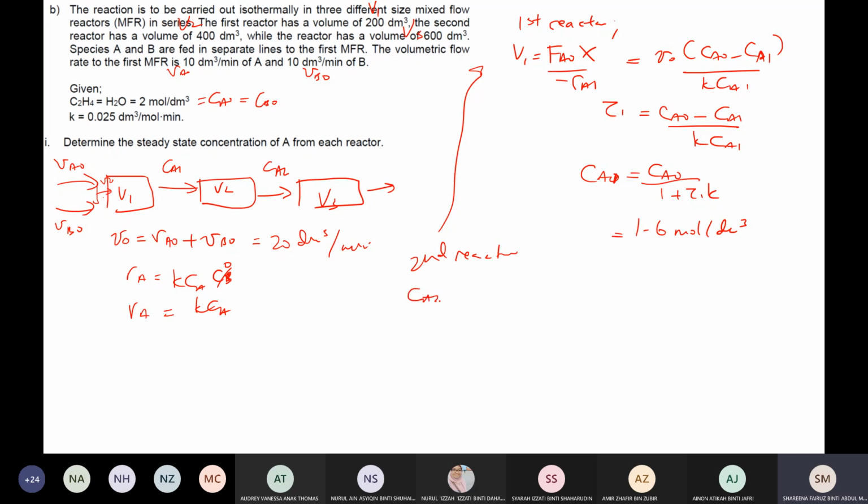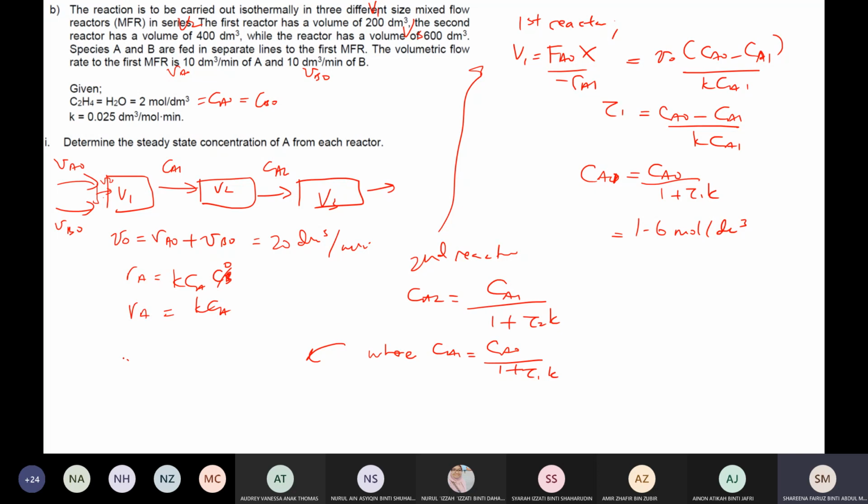Okay, and then we have a second reactor. Second reactor we need to get CA2 is equal to CA1 over 1 plus tau 2K. Okay, so here, whereby kita dah dapat what is CA1. Okay, so you boleh masukkan sini where CA1 is equal to daripada atas ni lah, CA0 over 1 plus tau 1K. Okay, so sekarang ni kita nak tahu CA2.